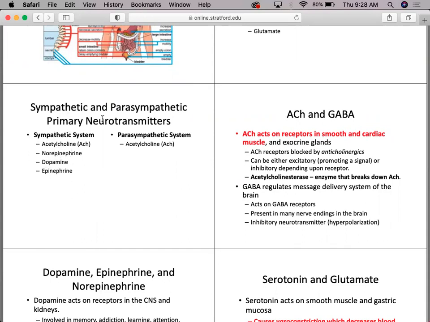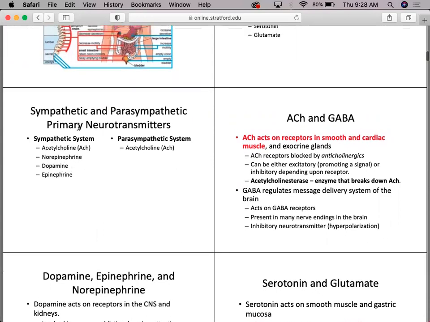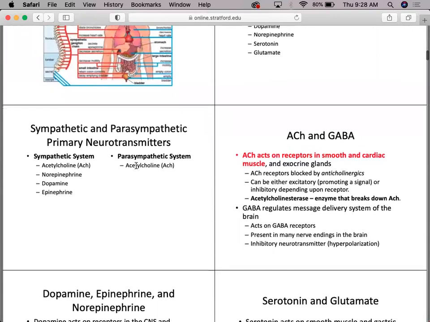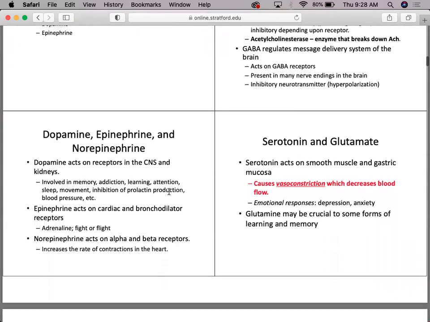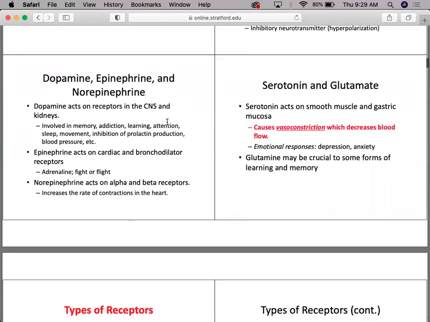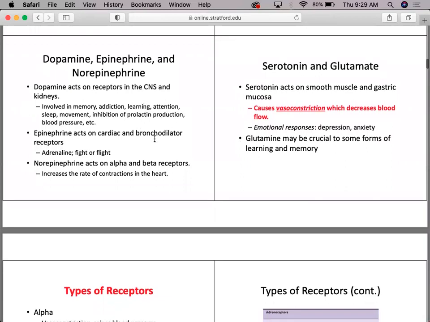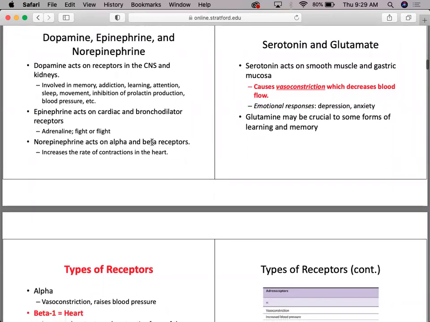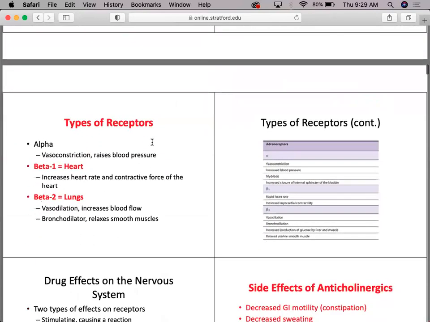So that's sympathetic, and we know the sympathetic nervous system is fight or flight. The parasympathetic nervous system is the exact opposite within the autonomic nervous system. So knowing what dopamine, epinephrine, and serotonin are related to is a very good question that'll come out.